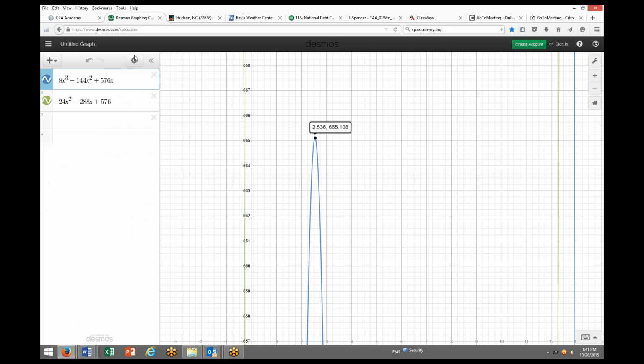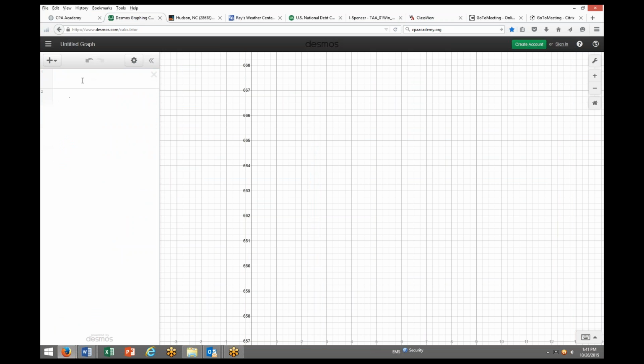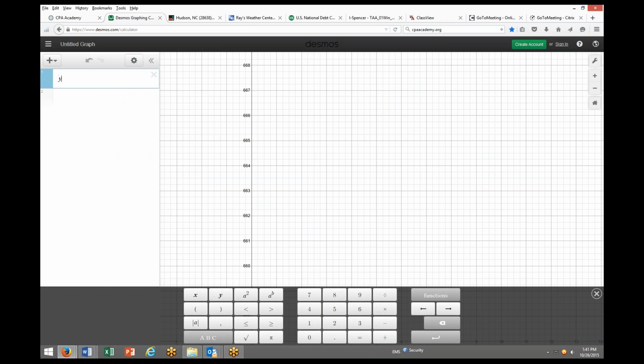We can bring up Desmos here. And I can graph, for instance, y equals x to the third. And then also graph y equals negative x to the third.